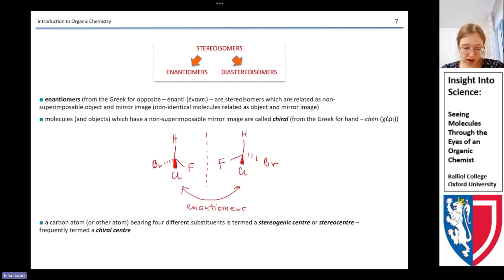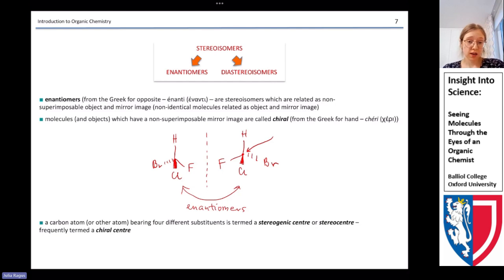All right. So a carbon atom that has four different substituents, such as in the case that I just have drawn, we can call a stereogenic center or stereocenter or a chiral center. So in this case, we are talking about hydrogen over here.